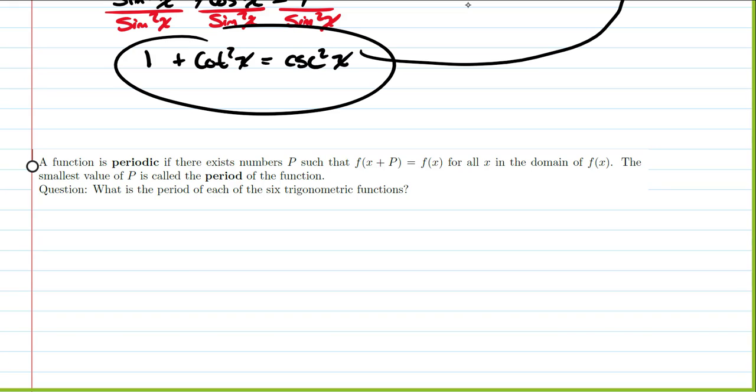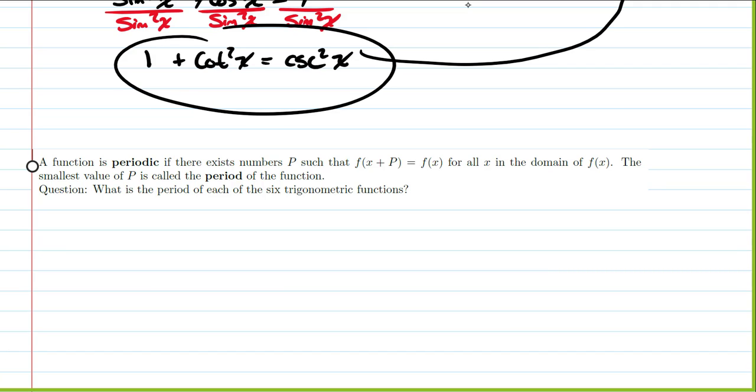The smallest value of p is called the period of the function. So now we want to ask ourselves the question, what is the period of each of the trigonometric functions?